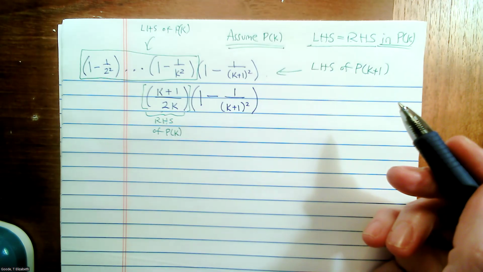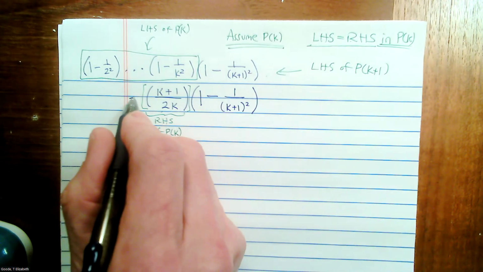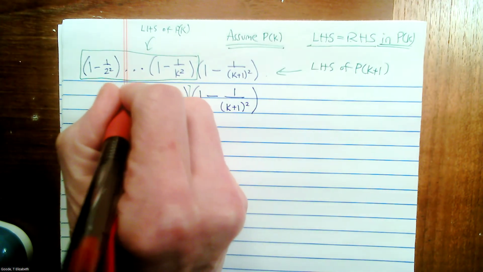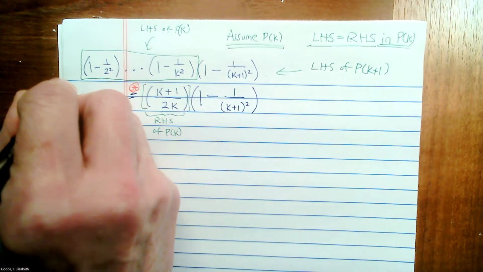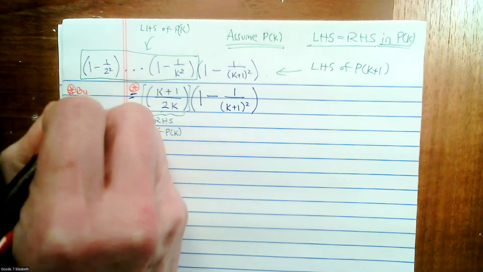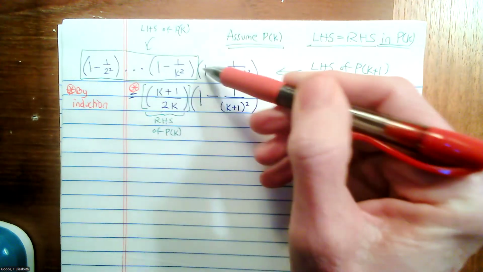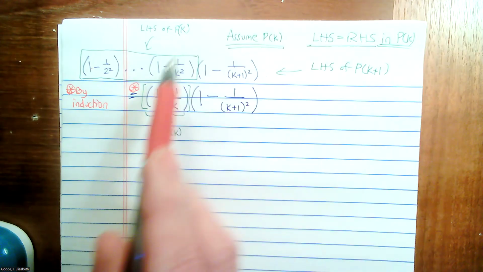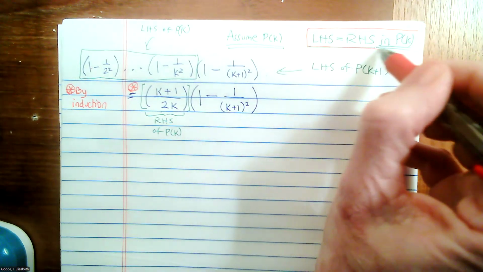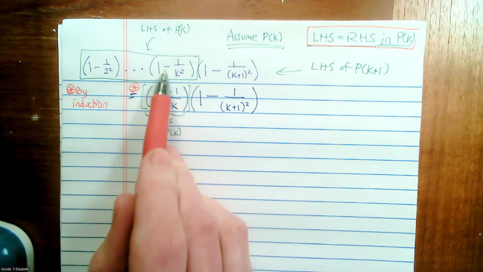So how we did it for the first P of k, do we not do that for P of k plus one? We can't, because we don't know that. We're trying to prove that. We just used our induction hypothesis between this step and this step. This is exactly where we used that P of k is true.